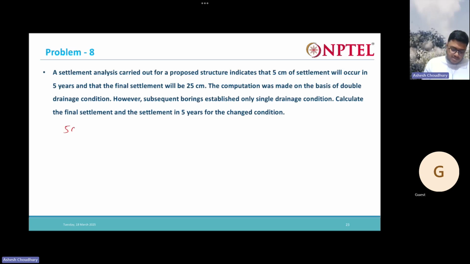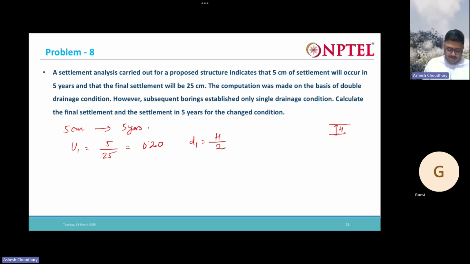First we have 5 centimeter settlement happening in how much? 5 years. The final settlement is 25 centimeter. So what is U1? So for double drainage condition, if the thickness of the clay layer is say H, then we have drainage path as H by 2.